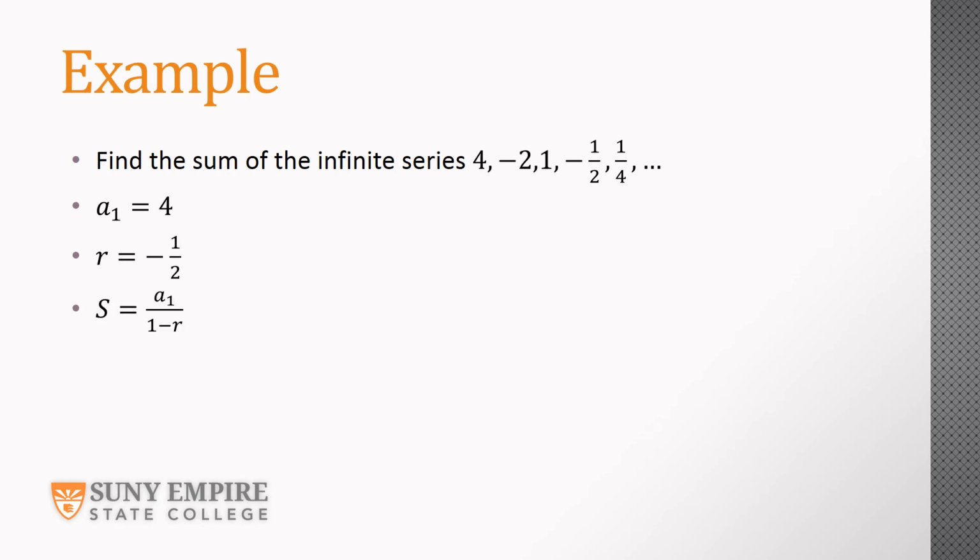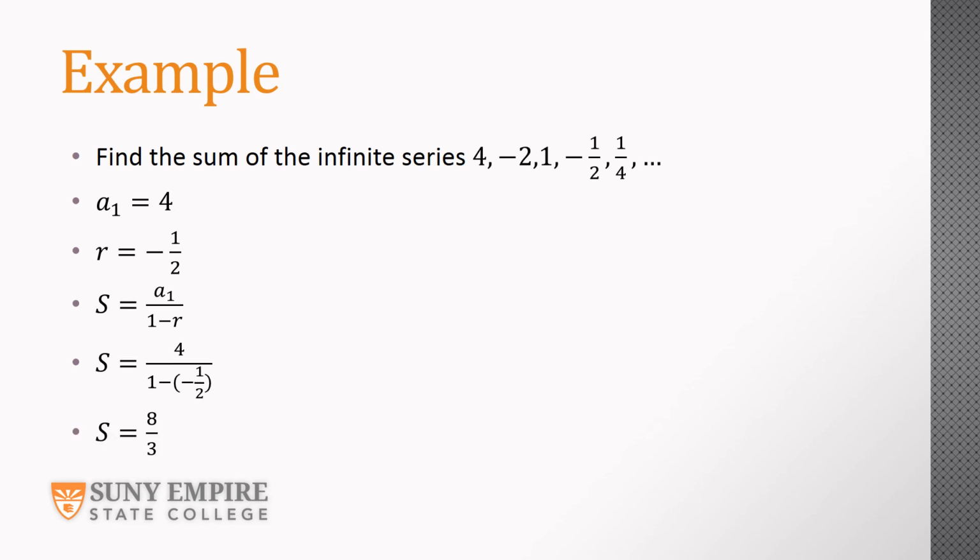Since the absolute value of the common ratio is less than 1, we can use the formula for the sum of an infinite series. Plugging in, we have the sum equal to 4 divided by the quantity 1 minus negative 1/2. Completing the calculations and simplifying, the sum of the series is 8/3.